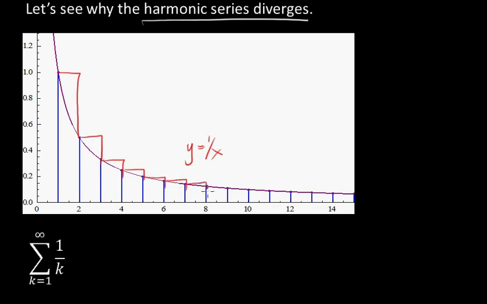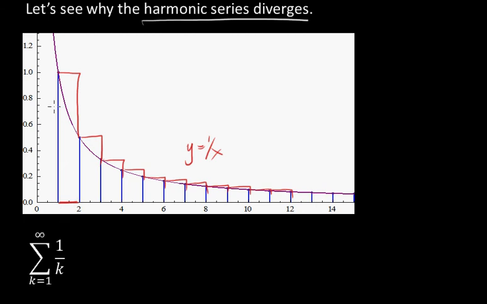This doesn't take long at all. It's really easy to see because we now know about improper integrals. So just imagine doing that all the way out, and look at what this summation of 1 over k is.